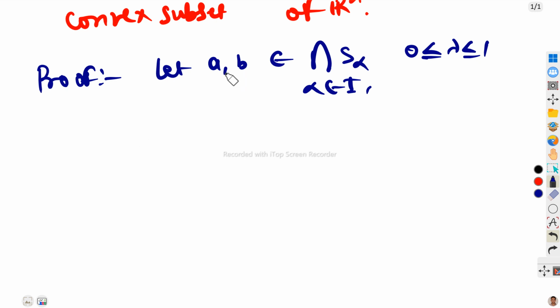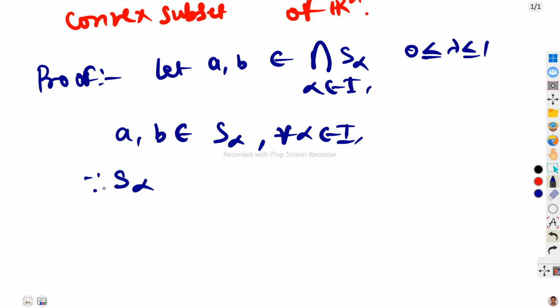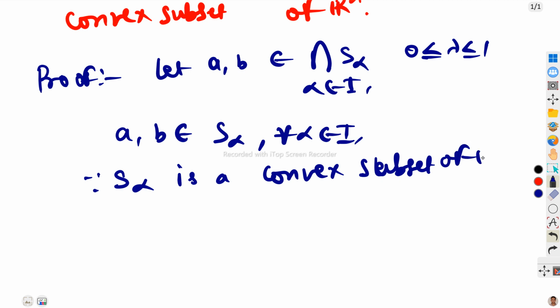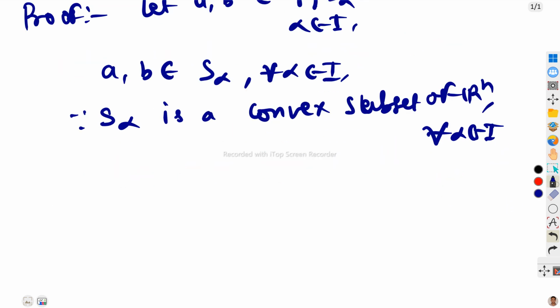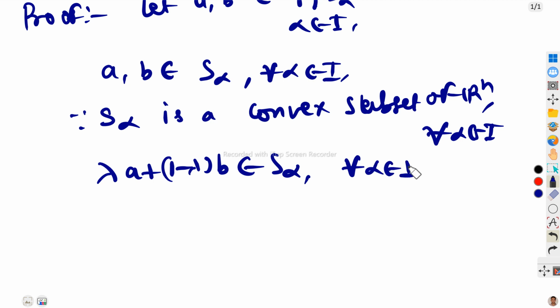Since A and B lie in the intersection, A and B lie in S alpha for every alpha in I. Since we know that S alpha is a convex subset of Rn for every alpha in I, lambda A plus 1 minus lambda B is also an element of S alpha for every alpha in I, and lambda in 0 to 1.